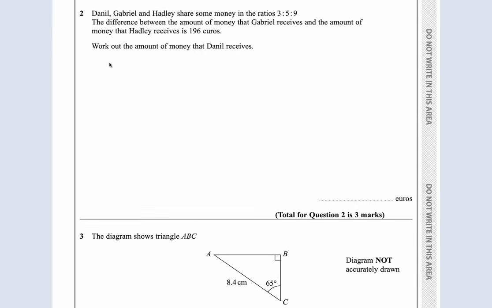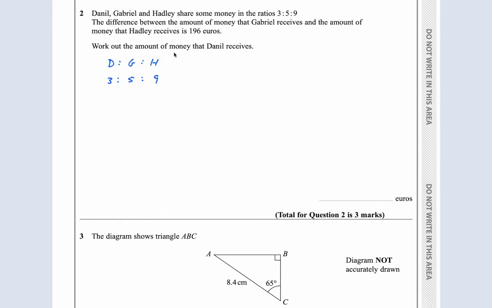So we're going to do, let's just say D to G to H is 3 to 5 to 9. And it says the difference between the amount of money that Gabriel receives and the amount of money that Hadley receives is 196 euros.